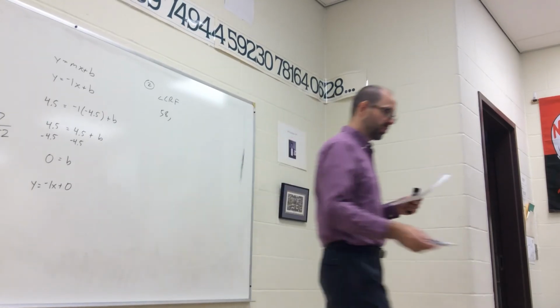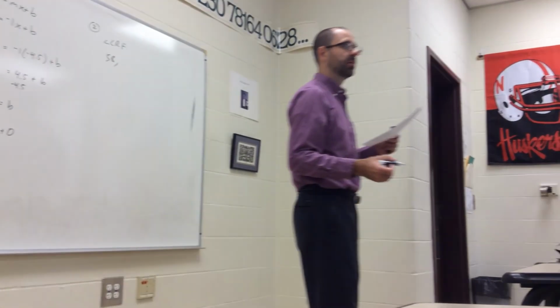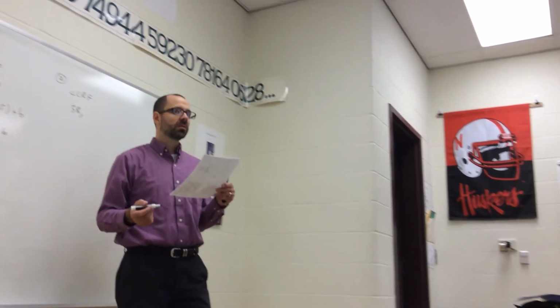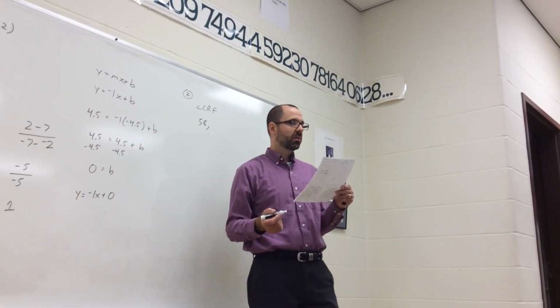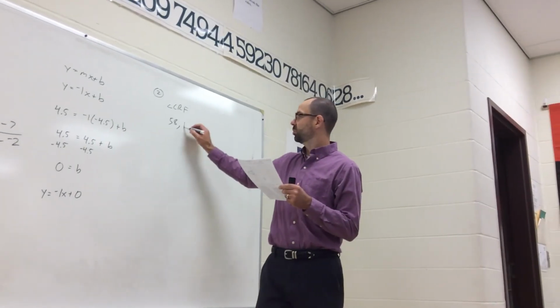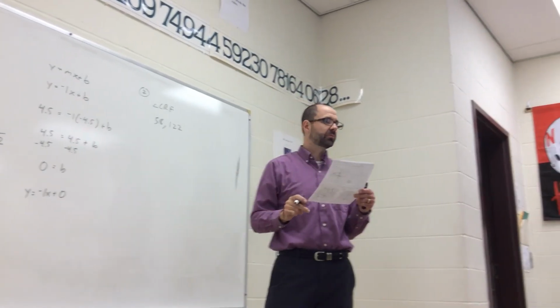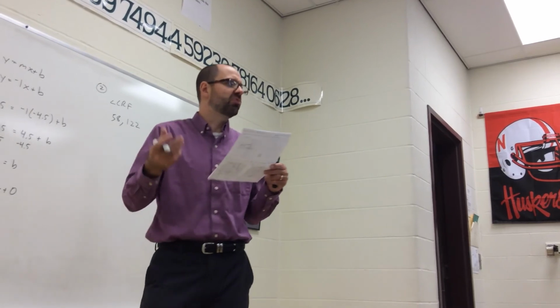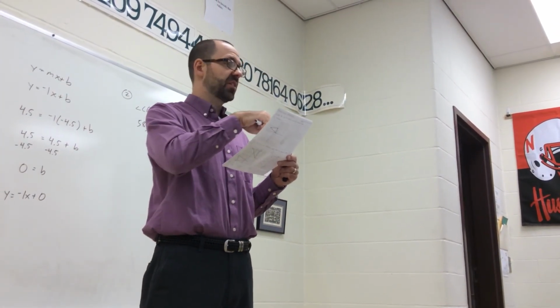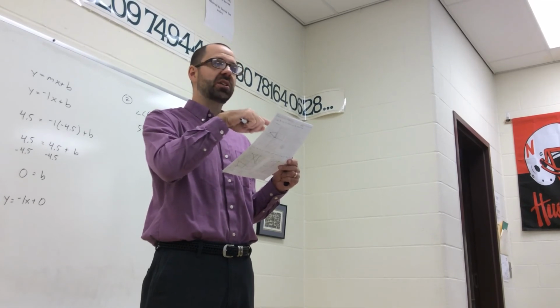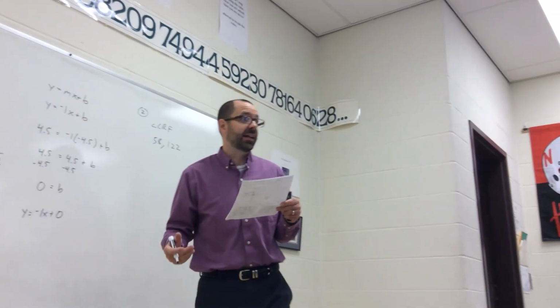Is it closer to 120 or is it closer to 130? It's closer to 120, right? So that's 122. Okay, so here's the problem with protractors. They give you 2 answers. You see how this one is giving 58 and 122? So we have to decide which one's the right answer.